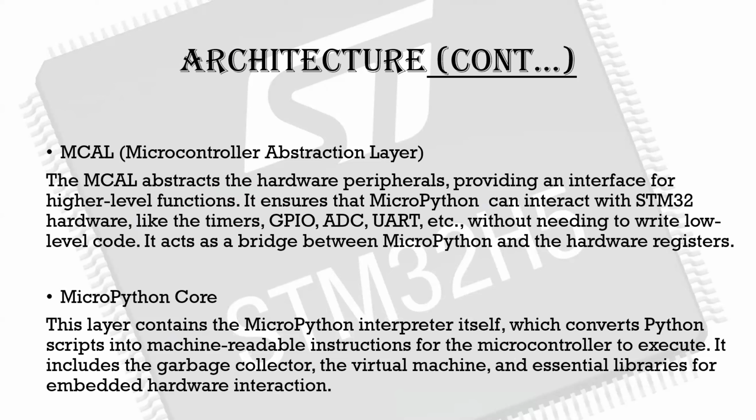It can be anything, like CAN. So everything has been abstracted within this MCAL layer. MicroPython interacts with the MCAL layer, and it provides you very simple APIs, with which in one or two lines you can configure and make use of this.